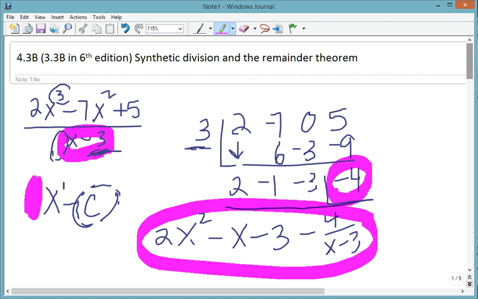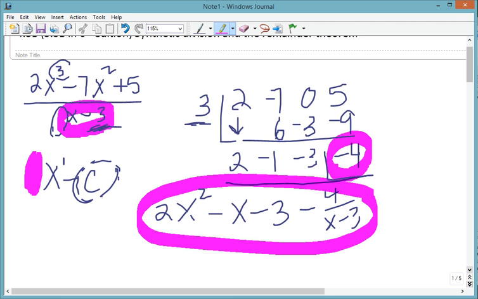So if I took f of x, which would be my top, the thing before I divide, and I plugged in 3, this would be 2 times 3 cubed minus 7 times 3 squared plus 5.